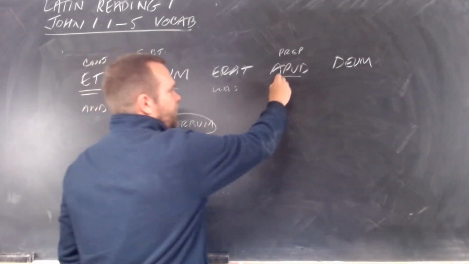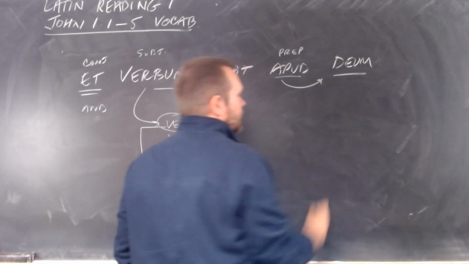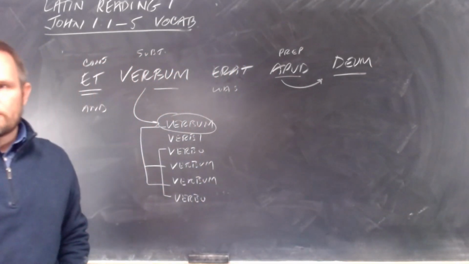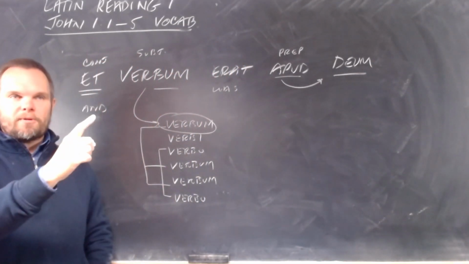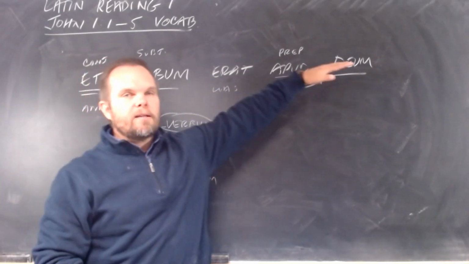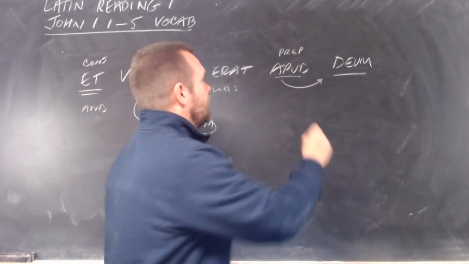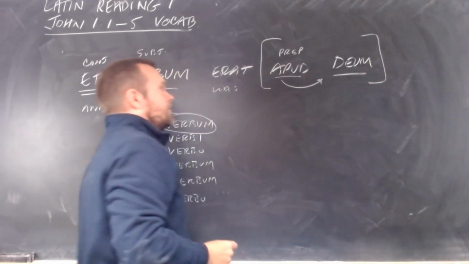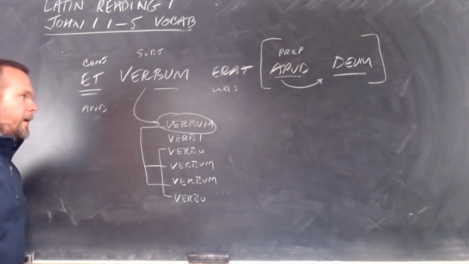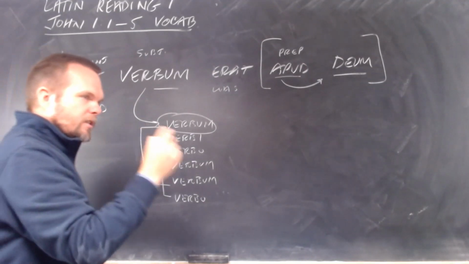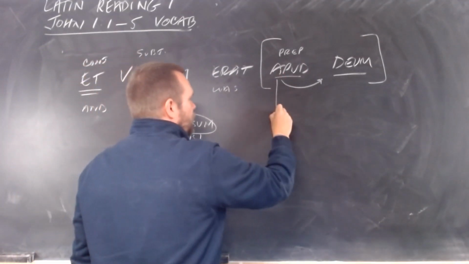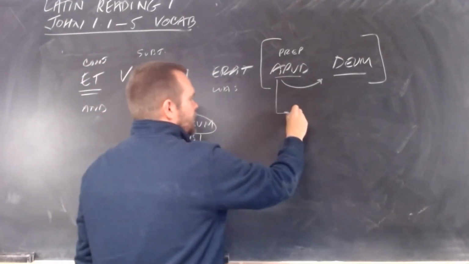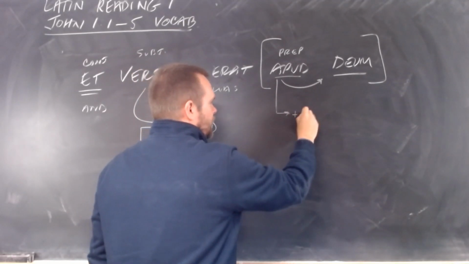So it must be followed by an object of a preposition, just like in principio. Now we have apud deum. They go together because this is a prepositional phrase. And if you look apud up in a dictionary, you would learn that apud is a preposition and it's always followed by a noun in the accusative case.